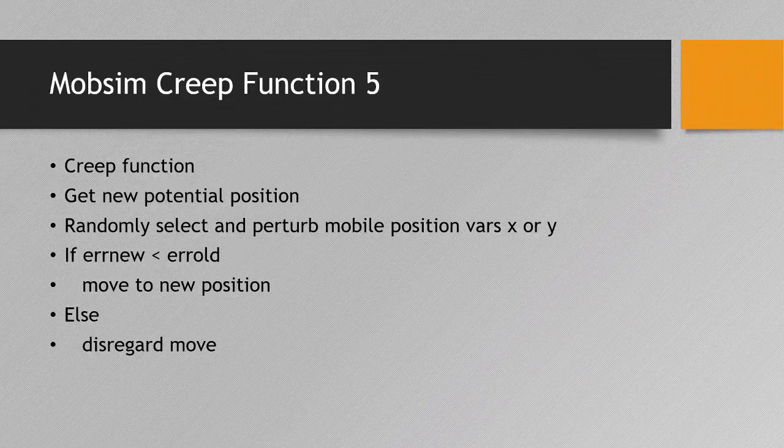The creep function perturbs the position of the mobile node and then calculates the error measure, and if the error measure has fallen or reduced, you then move to the new position. If this hasn't happened, then you disregard the move.